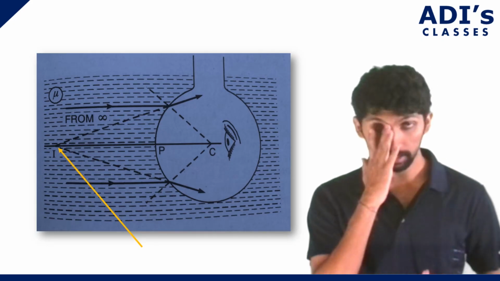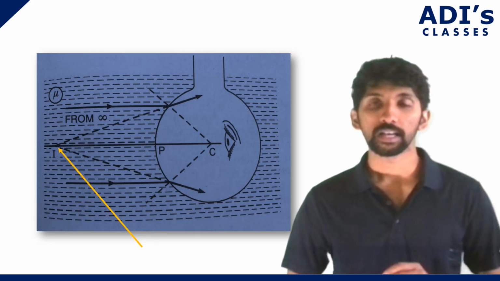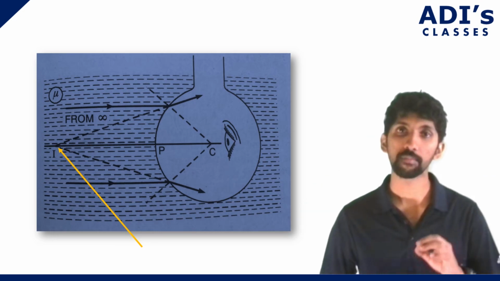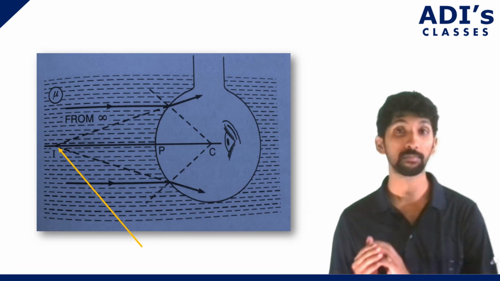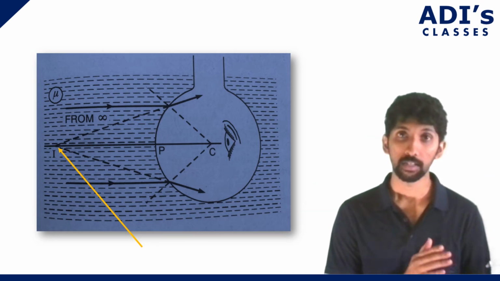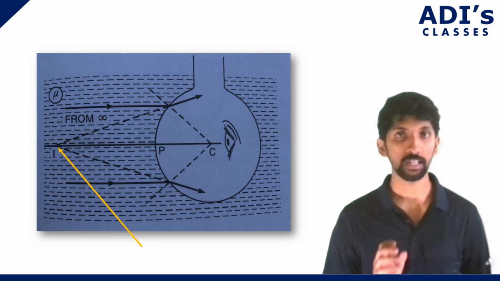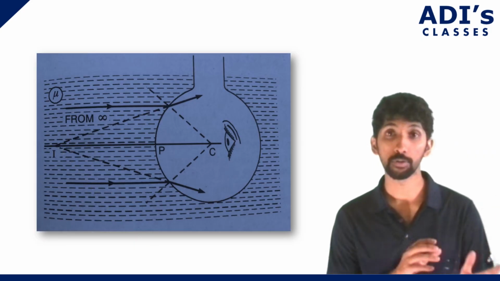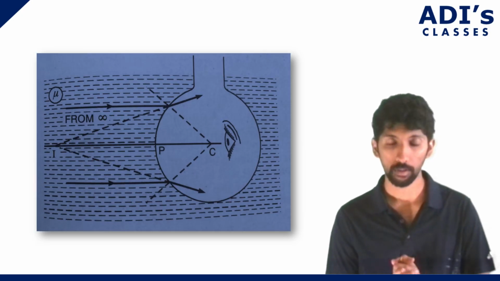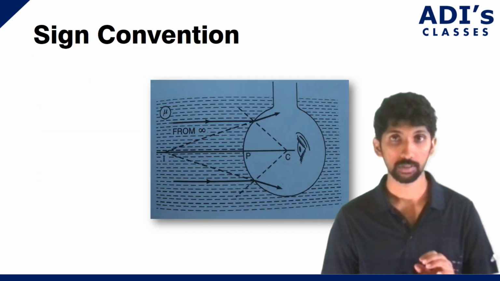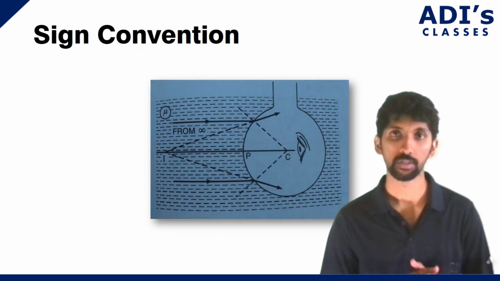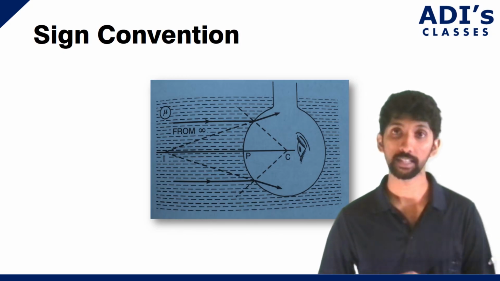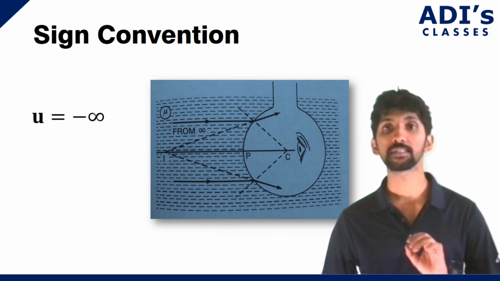Now an important thing is that the light ray is coming from infinity, correct? Because whenever we have a parallel beam of light coming, we take the object to be placed at infinity. So the value of u is infinity, but with the Cartesian sign convention, we have negative infinity. Next, another important thing is the radius of curvature.